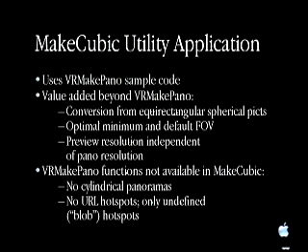And the Make Cubic utility application was built on top of that. This uses that code, and beyond what that has to offer, it's added a few additional features. It has the ability to convert from an equirectangular spherical pict. Some of you out here may not necessarily know what that is. It's sort of like a Mercator projection of the Earth, where Greenland is huge and the North Pole is extended to a whole line on the top instead of a point.